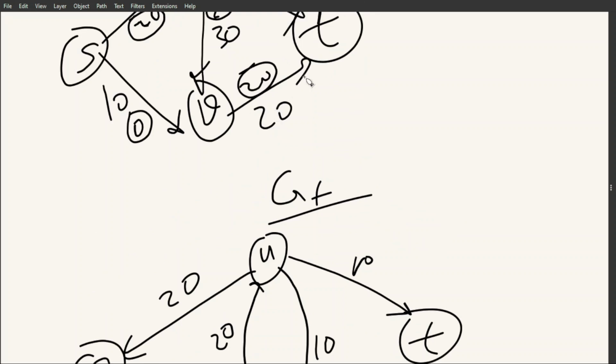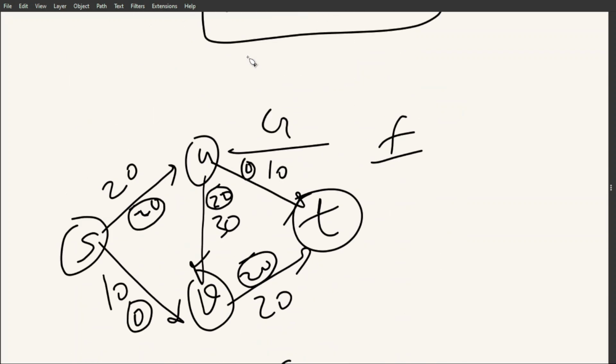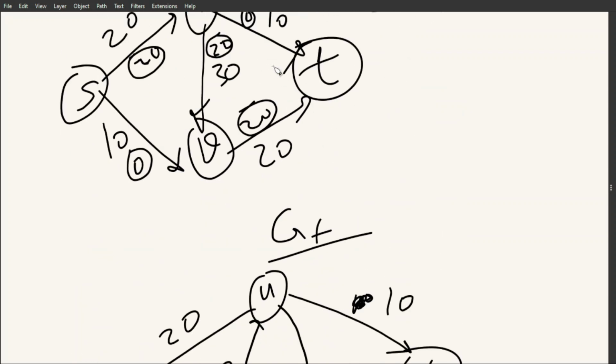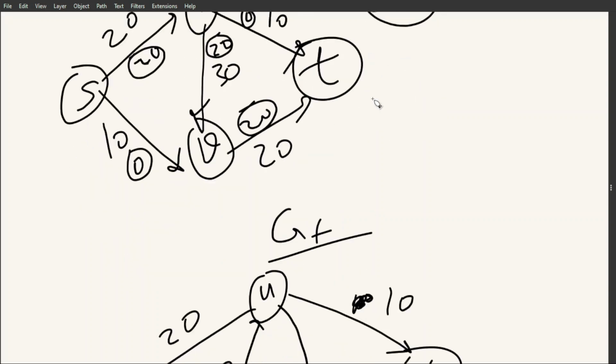So there is no forward edge. We have a backward edge of weight 20. So make like this. So this is one example of how, given a flow network G and a flow F, we can compute its residual graph GF.